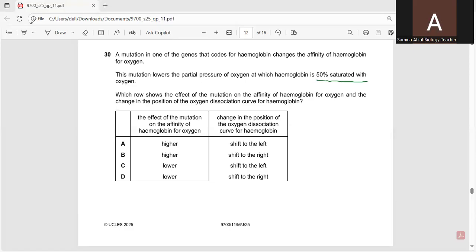I already told you what the dissociation curve is. In a normal dissociation curve, we have hemoglobin saturation against partial pressure of oxygen.